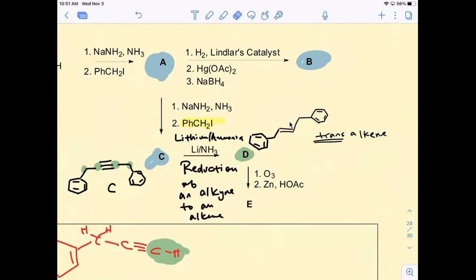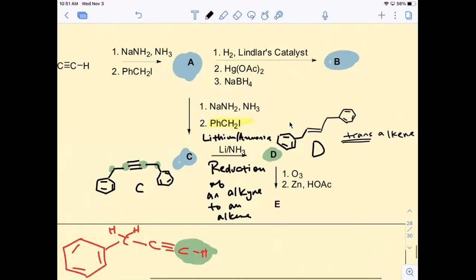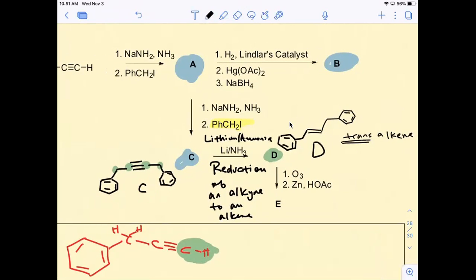So we now know what D is. Go ahead. Is that letter D? Yes, that's D. Okay, so before on C, just to make sure it's correct, those aromatics are cis, right? Well, that's a great question. I want you to think about something. With a triple bond, the geometry is 180 degrees, right? So there is no cis or trans on a triple bond.